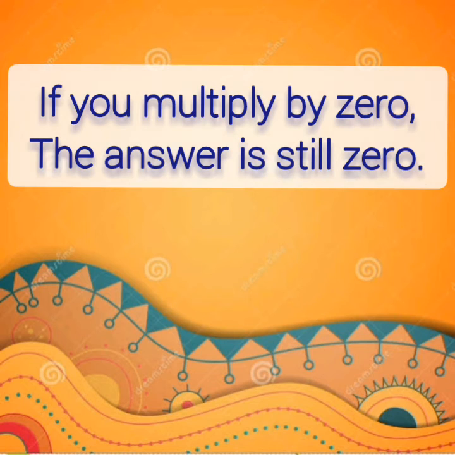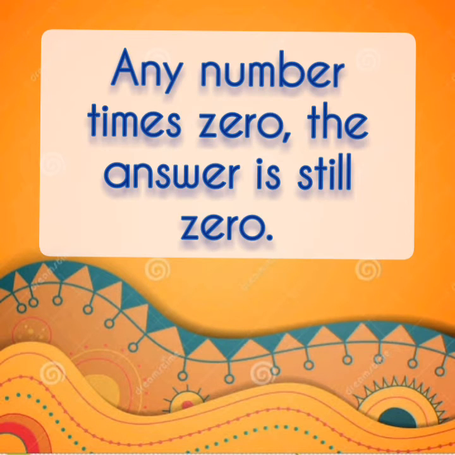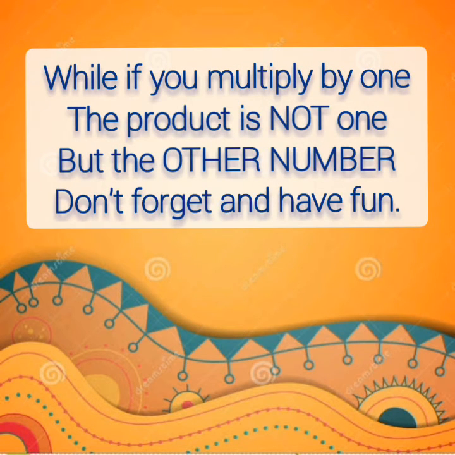If you multiply by 0, the answer is still 0. Any number times 0, the answer is still 0. While if you multiply by 1, the product is not 1, but the other number. Don't forget and have fun.